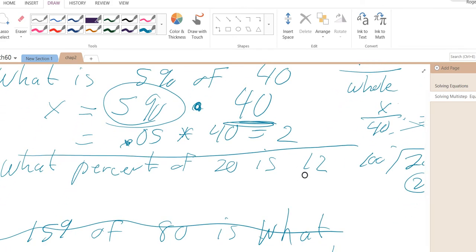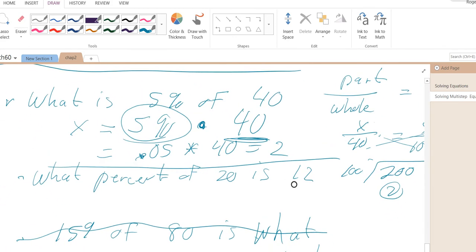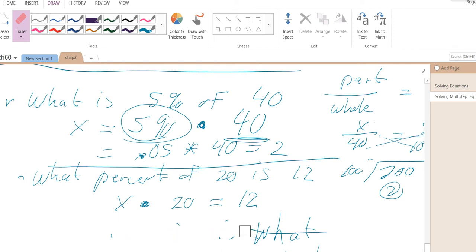All right. I probably messed you up big time on that. But what percent of 20 is 12? So the percent I don't know. Of means times. 20 is 12. Okay. So in a situation like this, here's my equation.